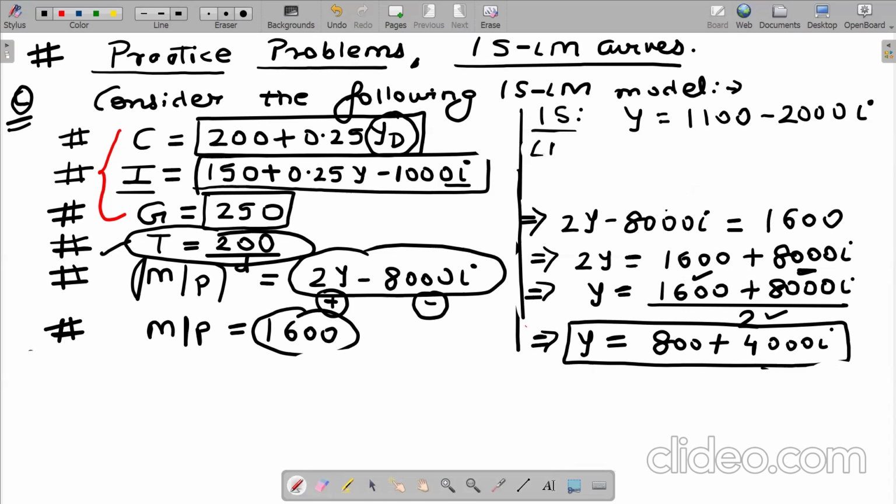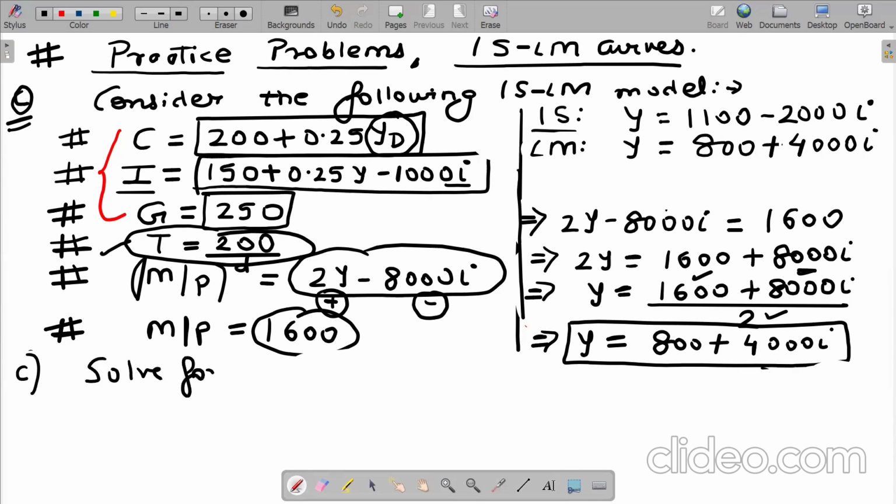My LM equation has come out as y is equal to 800 plus 4000i. Now part C asks us, solve for the equilibrium real output.